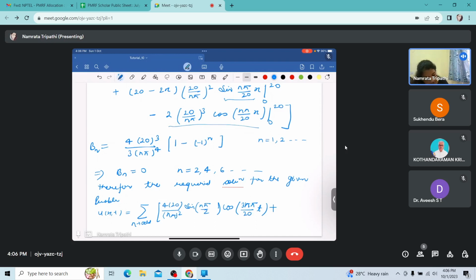When you put n equals odd values, the expression will become 2.